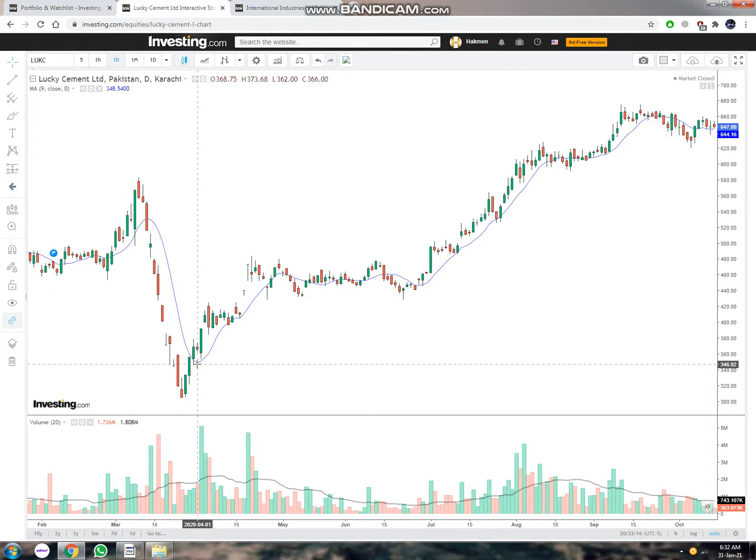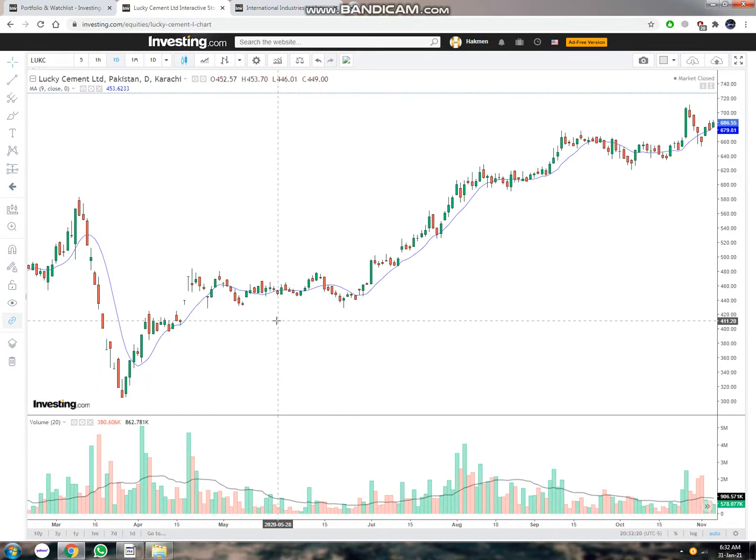That's a major drawback in this type of trading, because the moving average shows it after and the candlestick shows the bullishness before. If these two combine with each other, then that's a strong signal that this market is bullish, an uptrend. So this is a great signal.